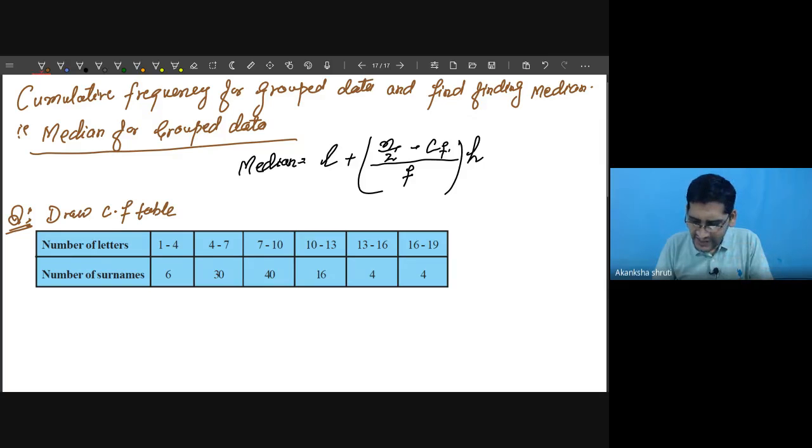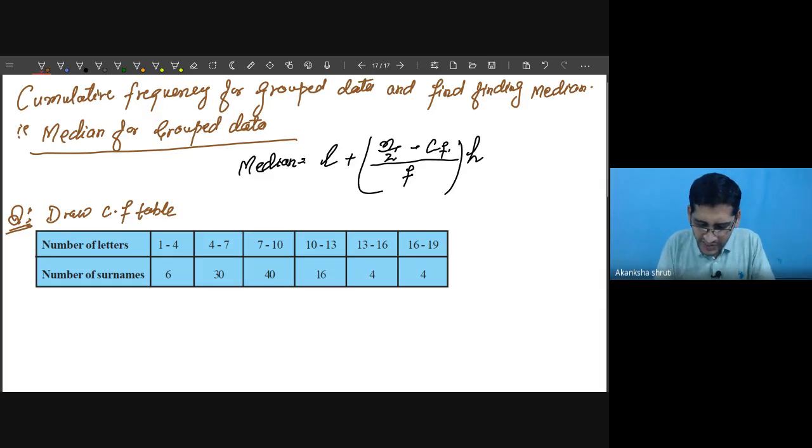Observe, student, here the table is given 1 to 4, and the number of surnames is 6. Means, student, here the 4 is not included. So no need to write up to 4, just less than the upper limit.